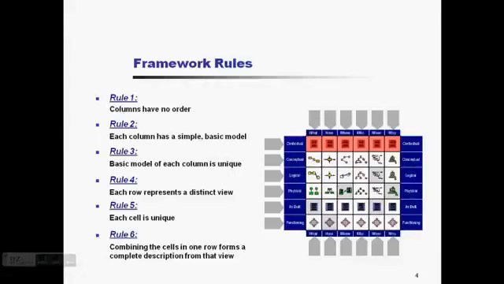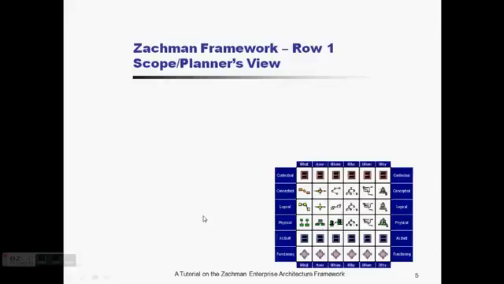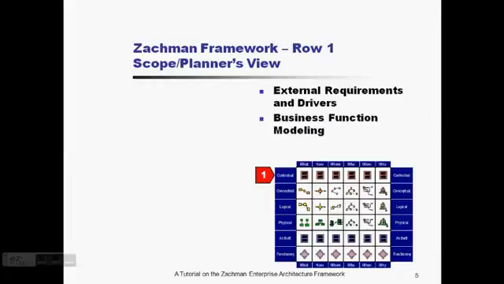Okay, so let's see what are the rows in Zachman Framework. The first row is about the requirements, external requirements and drivers for the architecture, for the enterprise architecture. It's about the business function modeling for the enterprise architecture.